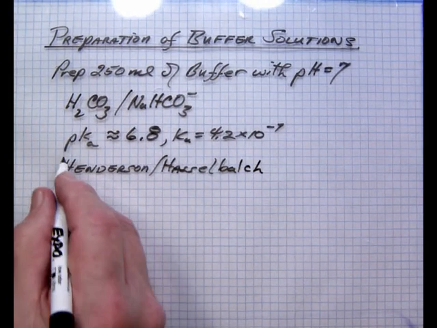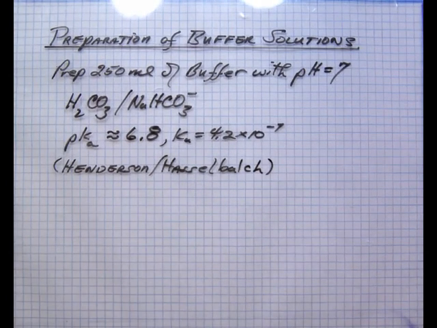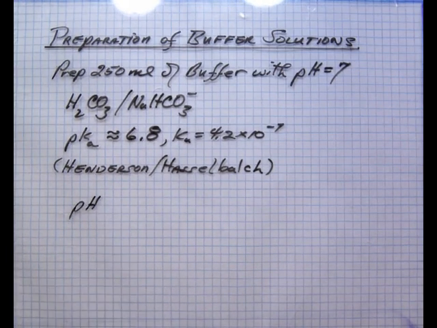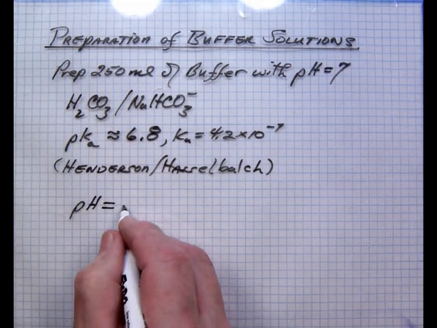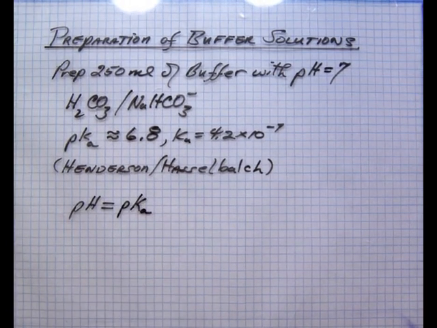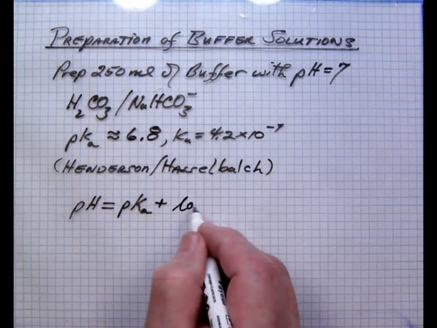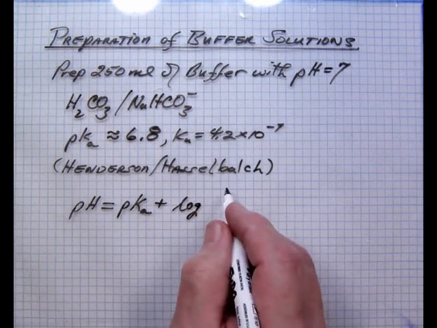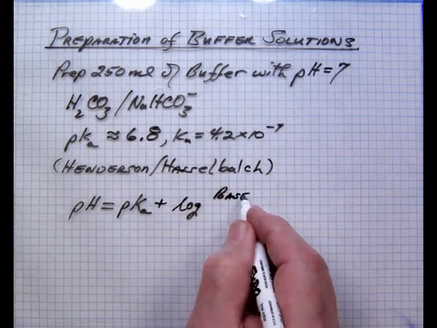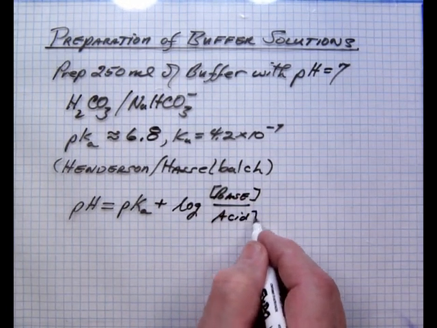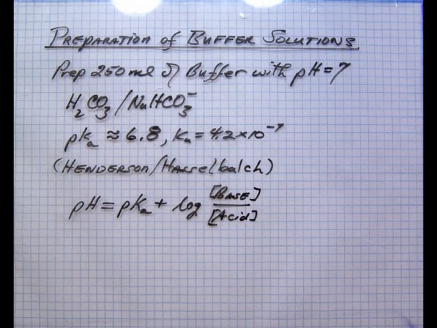Kind of spelled weird, but B-A-L-C-H is correct. Anyway, Henderson-Hasselbalch is: the pH of a buffer is equal to the pKa of the acid plus the common log, base 10, of the base concentration divided by the acid concentration. Right there.